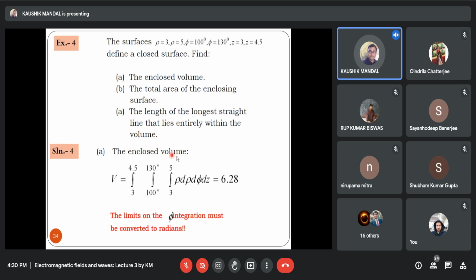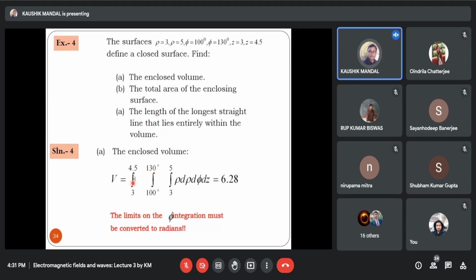First, to find out the enclosed volume, we have already found dV. What is the incremental volume dV? dV was rho into d phi, d rho into dz. So that is the expression of dV basically. In this equation of dV, you just put the limits. Rho is varying from 3 to 5. Phi is varying from 100 degrees to 130 degrees.